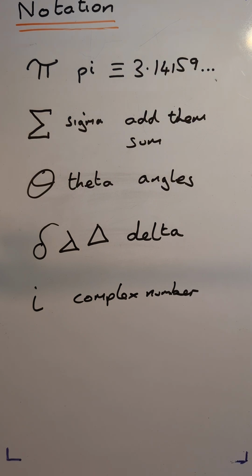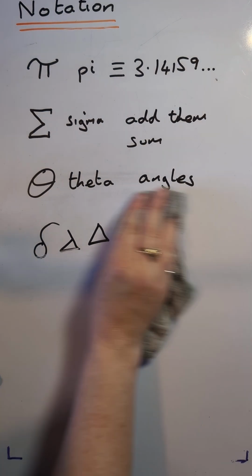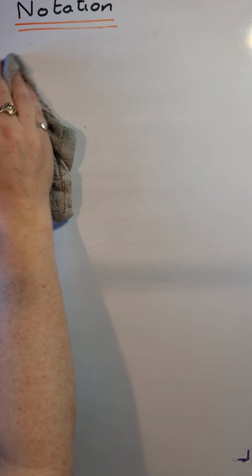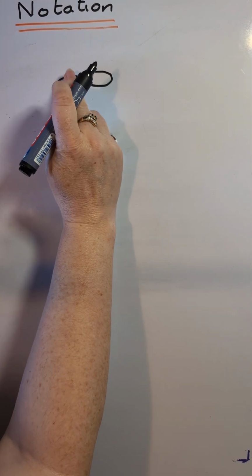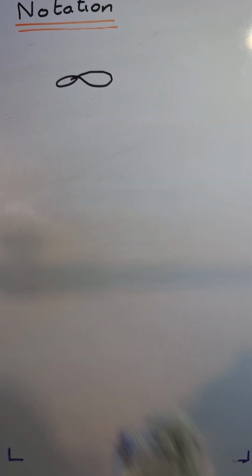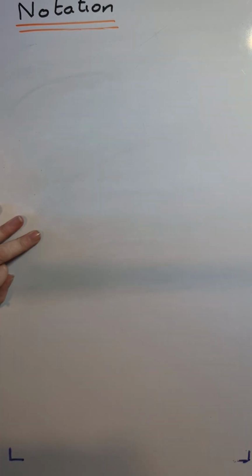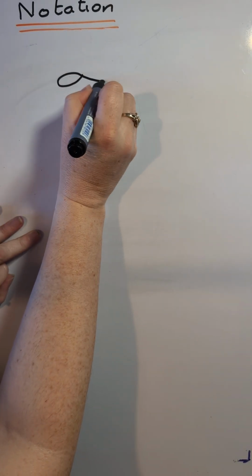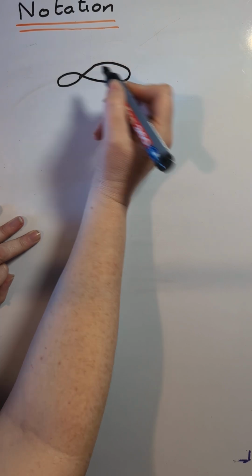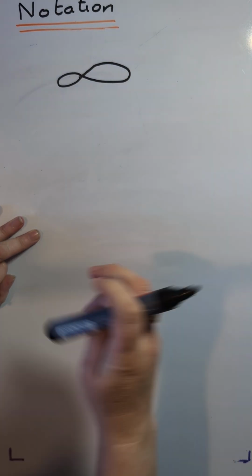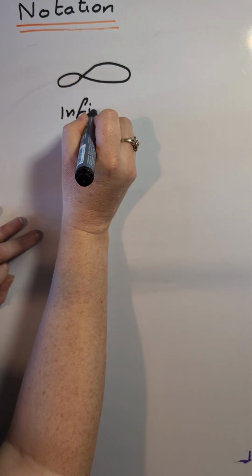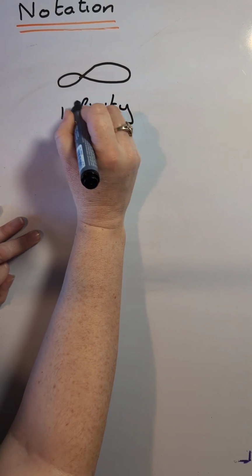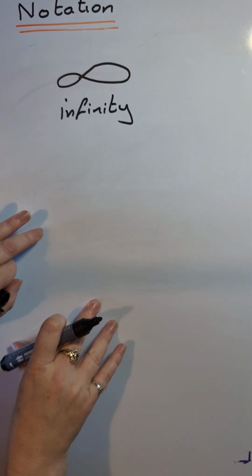Right. What else might you see? Well, one you might have seen in the real world is the infinity symbol. And I did not do that very well, did I? It looks like a Mobius strip. So those of you who are into your puzzles will know a Mobius strip. This is infinity. There are definitions of infinity.